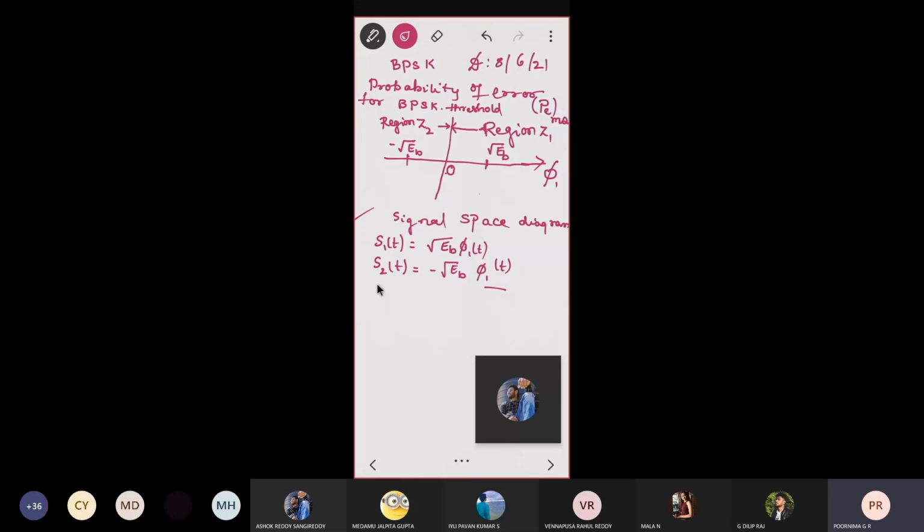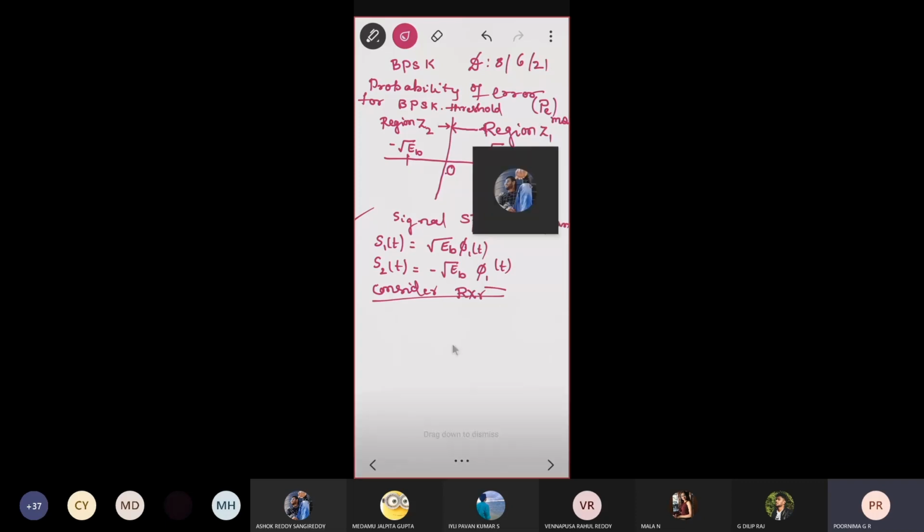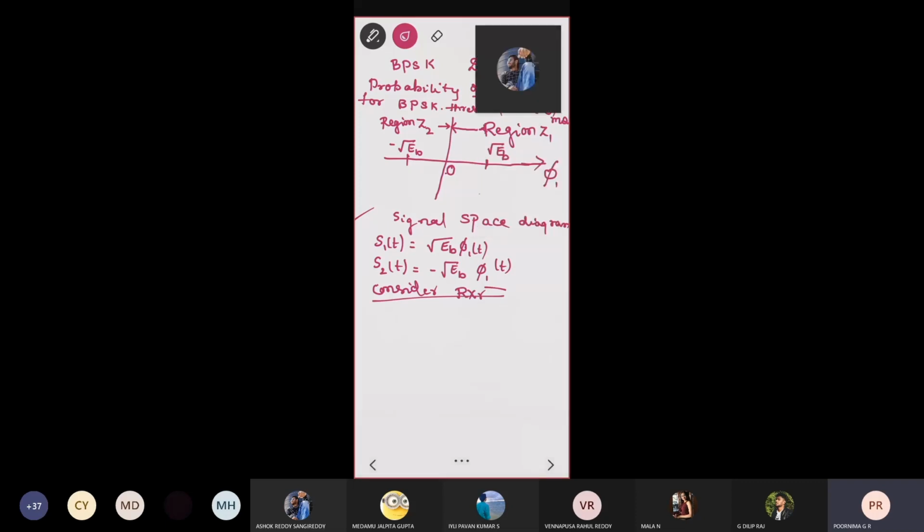And if you are considering the receiver structure, because from the transmit signal space diagram and from the receiver structure we are going to define the probability of error. So you will have the x of t.